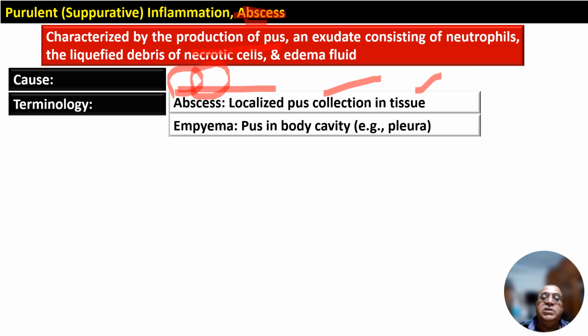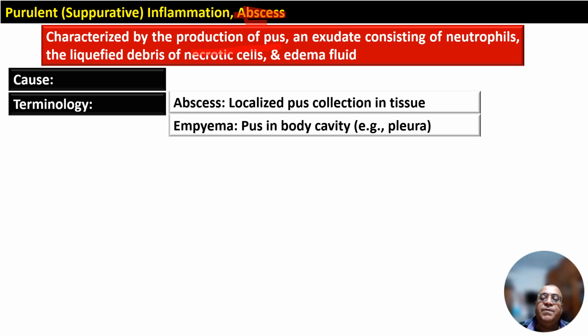The terminology we often use is abscess, that is, a localized collection of pus in a tissue, and empyema, that is, collection of pus in a body cavity. So remember these two terms, abscess and empyema.